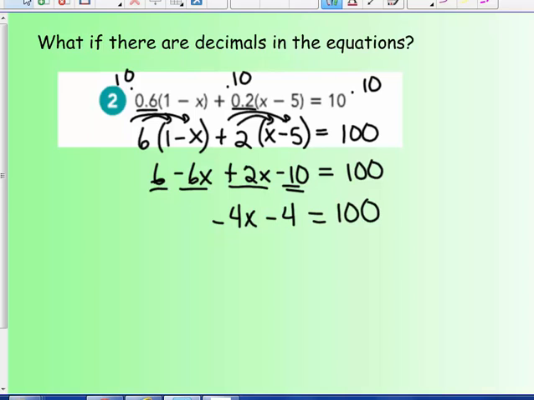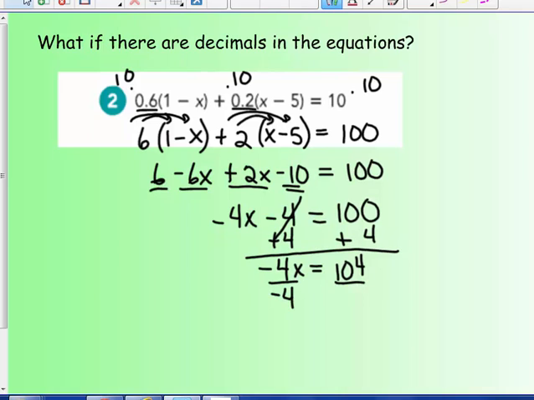Now I'm down to a two-step equation. We all know we add or subtract first. Adding 4 to both sides, I get negative 4x equals 104. Dividing by negative 4, I get x equals negative 26.